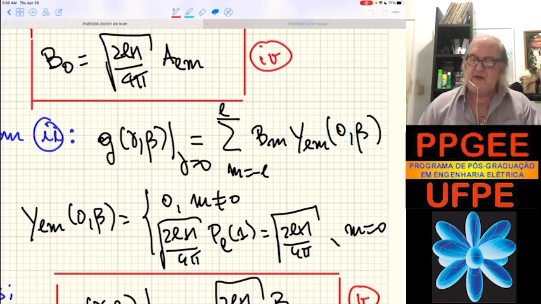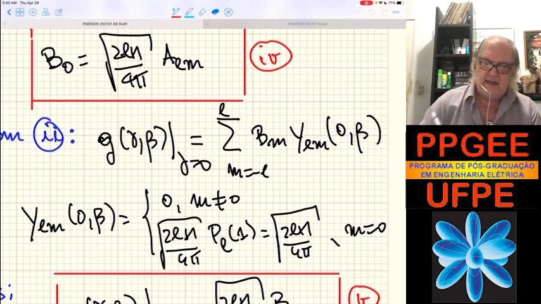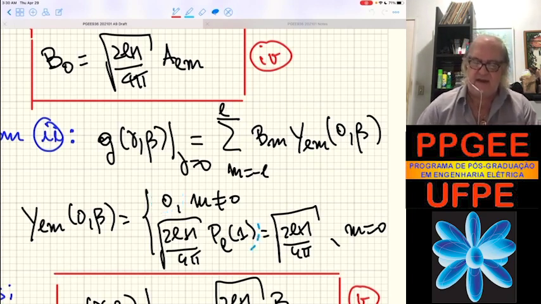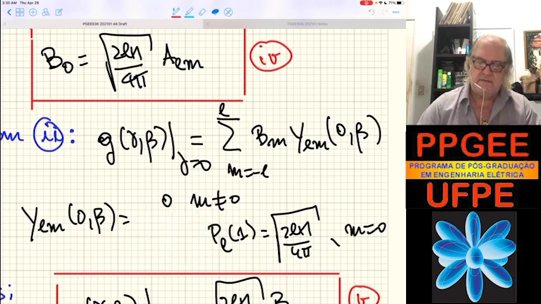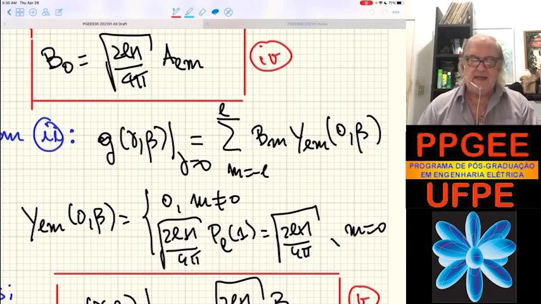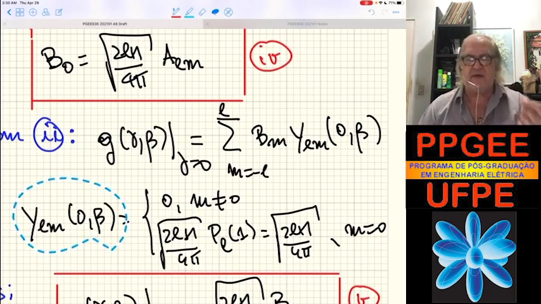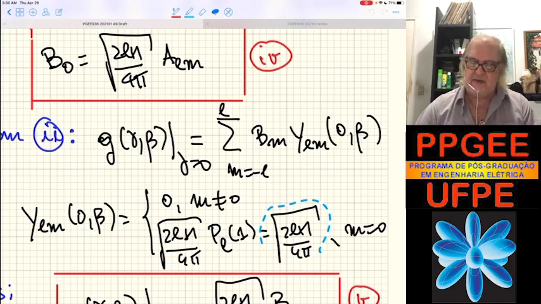So for gamma equals 0, it has to be a combination. But on the other hand, for gamma equals 0, YLM is going to be 0 for m not 0, and it's going to have a value PL of 1 times this factor here. That's nice, right? So YLM for m different from 0 is 0, and for m equals 0 it is going to be this factor here.